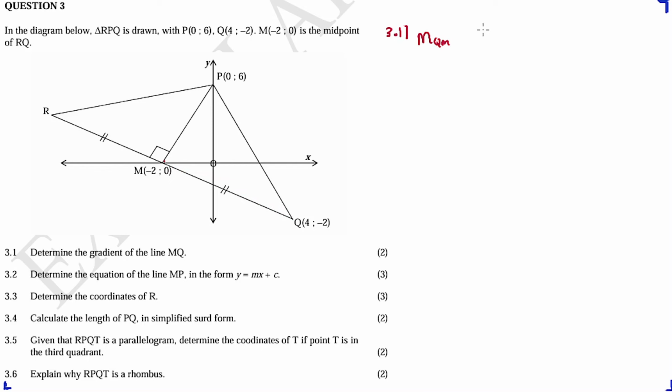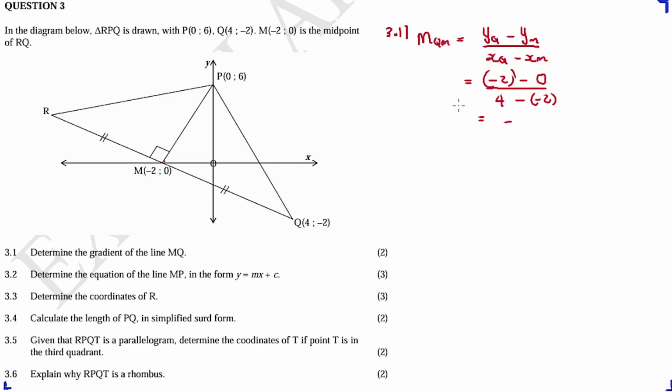The gradient of MQ is equal to yQ minus yM over xQ minus xM. What is yQ? yQ is minus 2, subtract yM, that's 0, divided by xQ, that's 4, minus xM, negative 2.